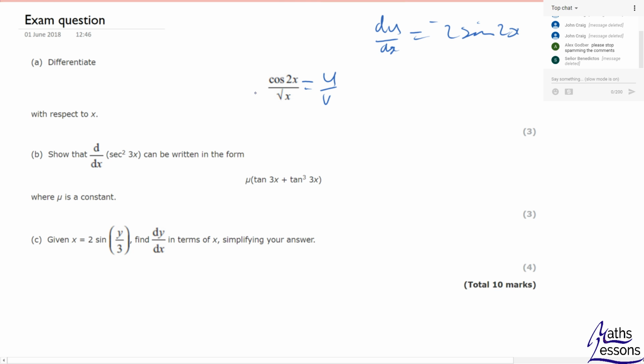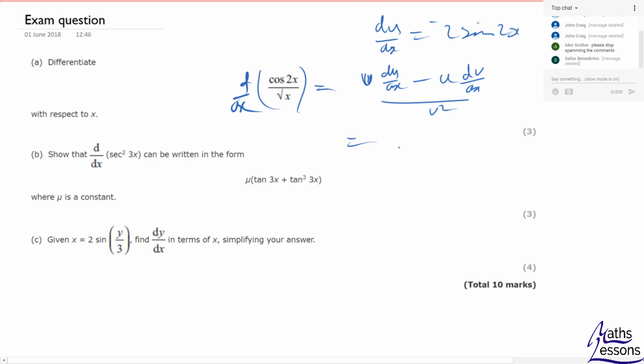So d by dx of this will equal, if you know the formula, v du by dx minus u dv by dx all over v squared. And you must know that off by heart. It's very important you know all your formulae off by heart.